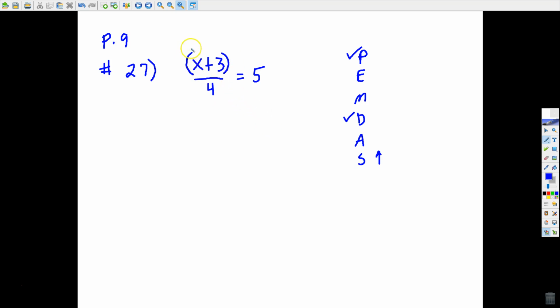I've noticed over the years that encouraging students to put parentheses around the numerator like this and then treating it as the P in parentheses, doing that part last, keeps people from making a pretty common mistake. And I don't even want to mention what that mistake is, because I don't want to put bad thoughts in your head. So I would recommend this.